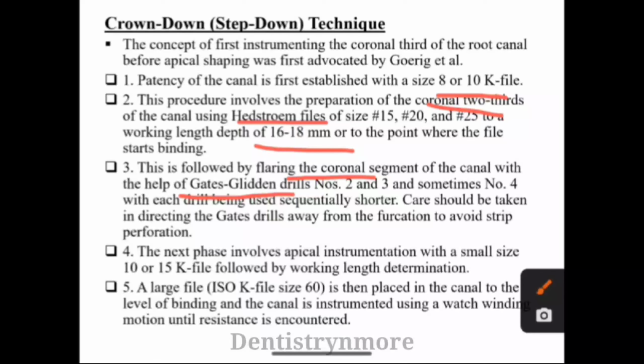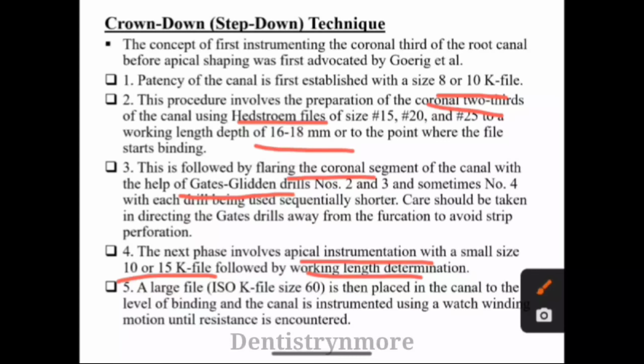While using this, care should be taken that it is used away from the furcation to avoid strip perforation. The next phase involves apical instrumentation with a small size, that is a 10 or 15 K file, followed by working length determination.